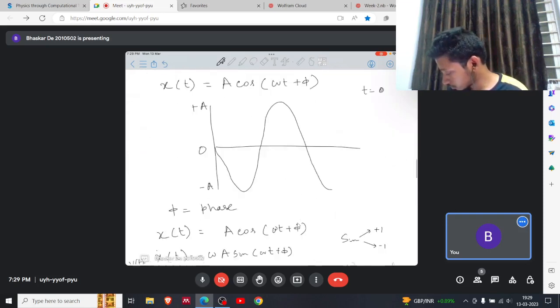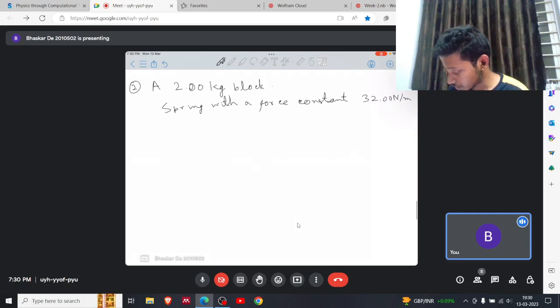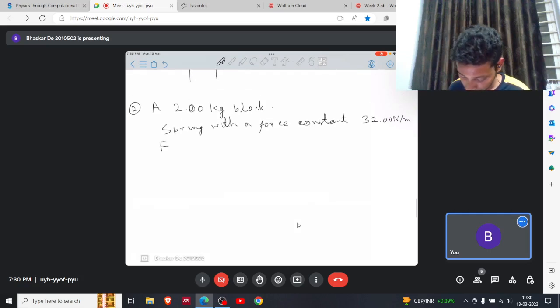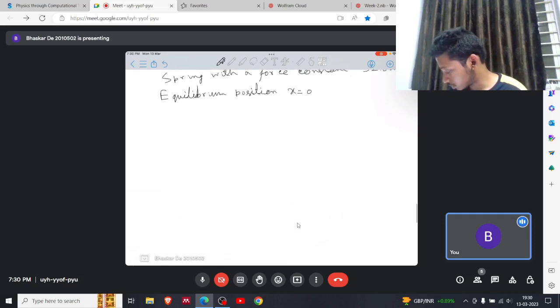Now the spring can be compressed or extended. The equilibrium position is marked at x equal to 0. Work is done on the block by pulling it out to x equal to plus 0.02 meter.